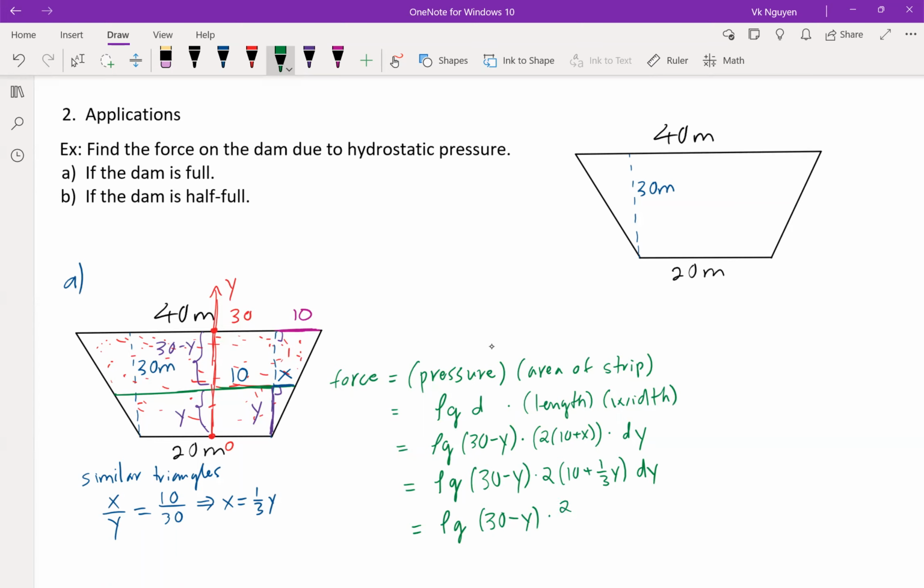So let's get 2 over 3, and this would be 30 plus y dy. 2 over 3 rho g, 900 minus y squared dy. Amazing, huh?